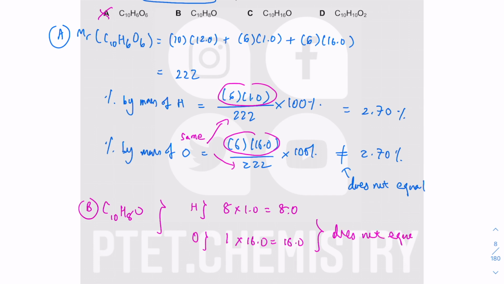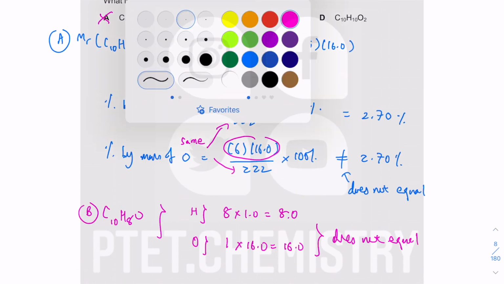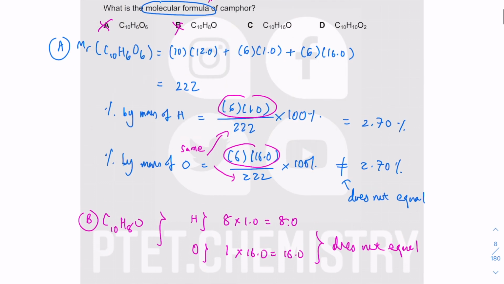If they do not equal, then it doesn't follow the requirement where they have the same percentage by mass of hydrogen and oxygen. Okay, so up next, I can almost see that is the answer there, because 16 times 1.0 is 16, and then 1 times 16.0 is 16.